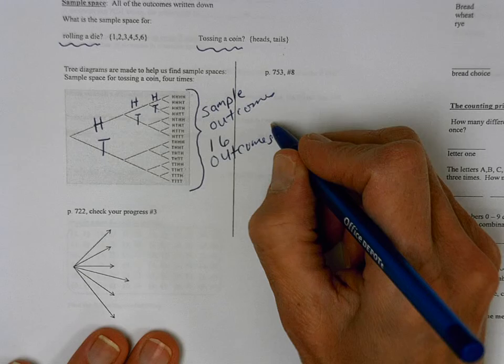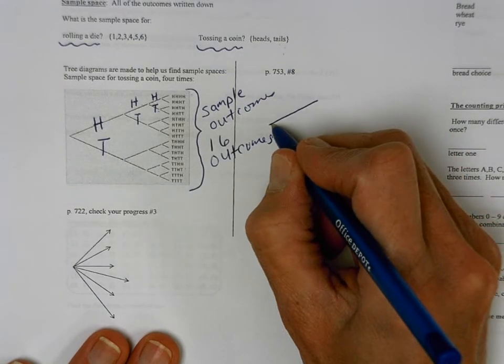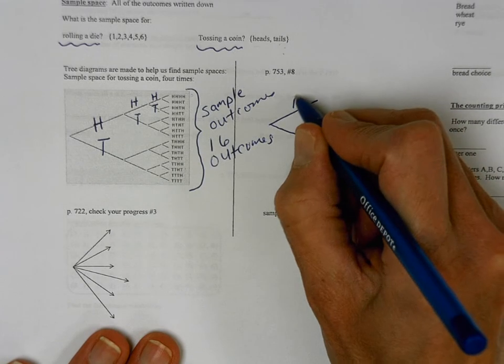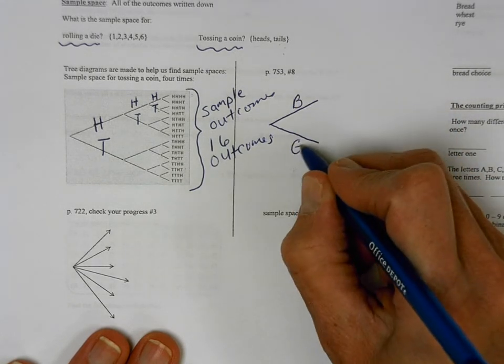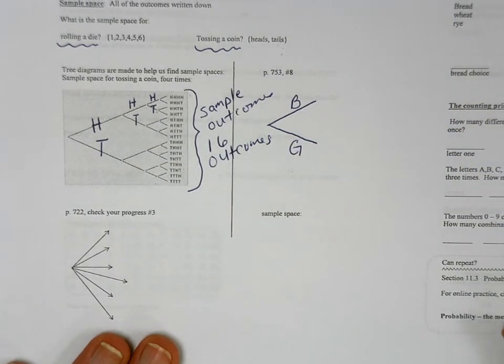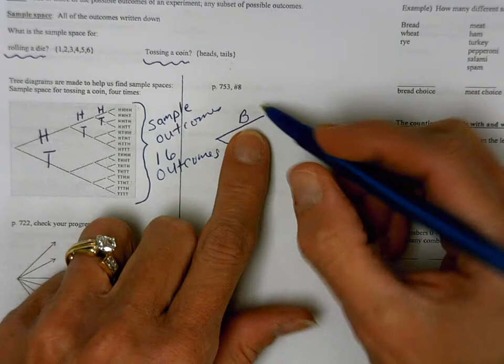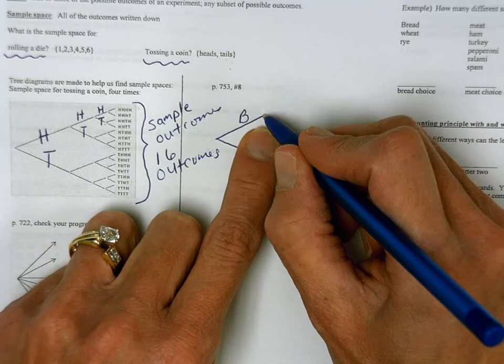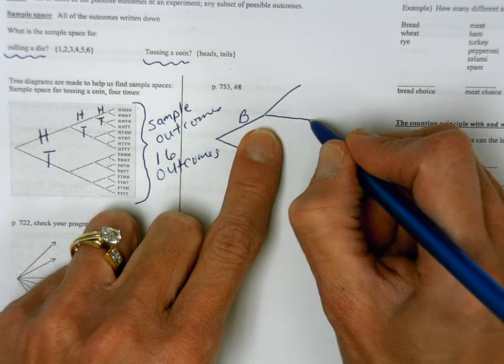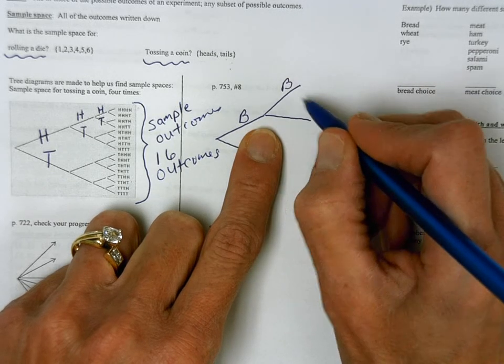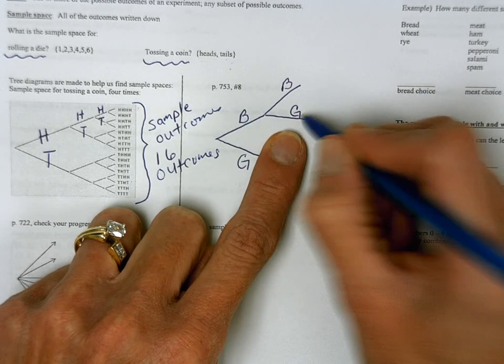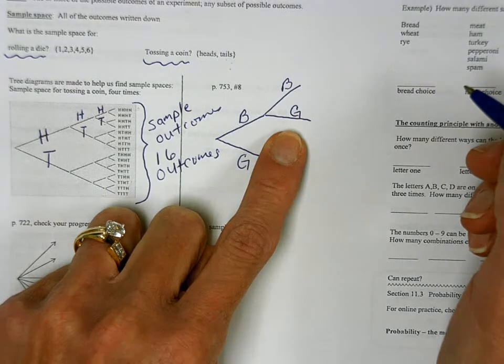Okay, child 1. Here's our branches. They can have a boy or they can have a girl. All right, now let's pretend they have a boy first. Okay, now baby number 2 comes along. It can be a boy, or a girl. All right.